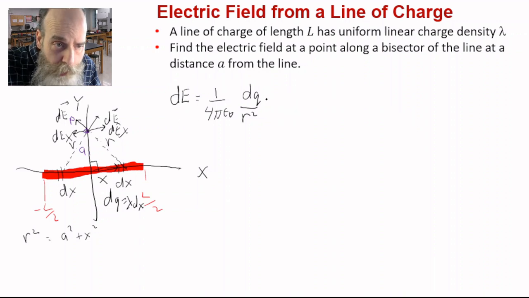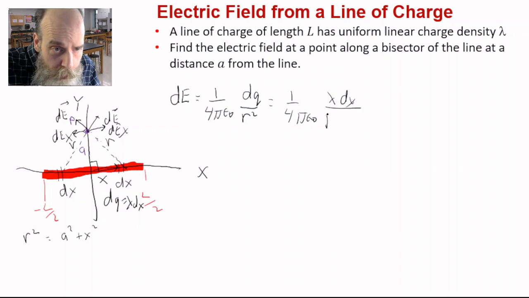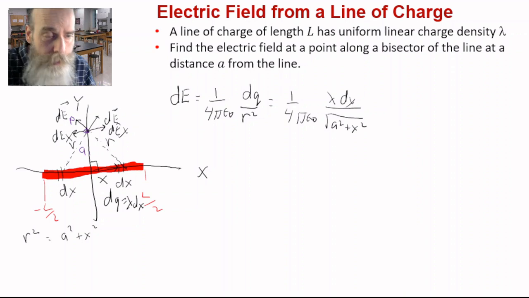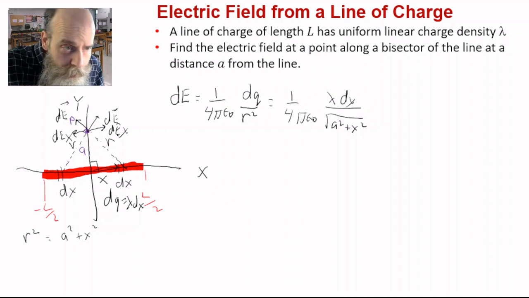So we'll put that into our expression. 1 over 4 pi epsilon 0 lambda dx over a squared plus x squared. Now we want the y component of the electric field. So let's look at this angle theta here. There's our theta, and there's a theta up here.